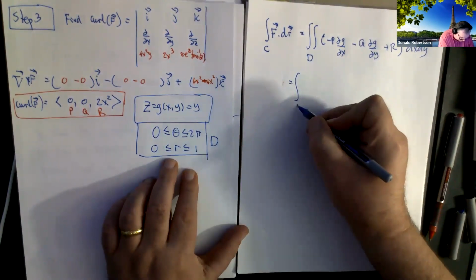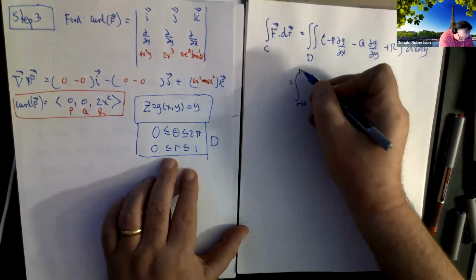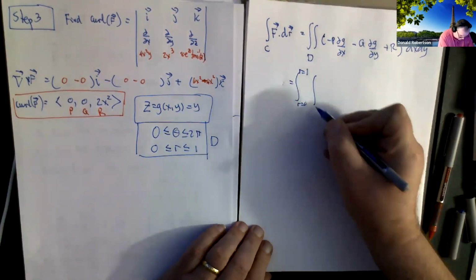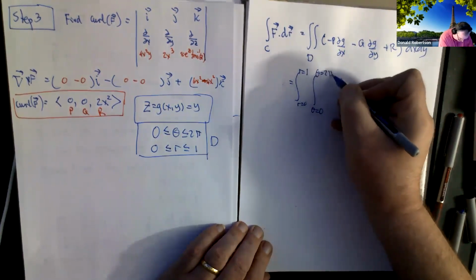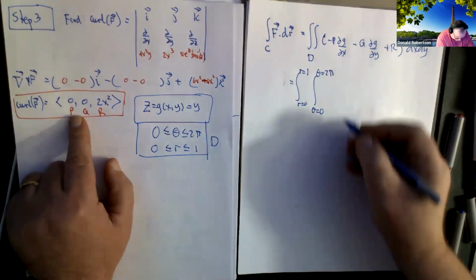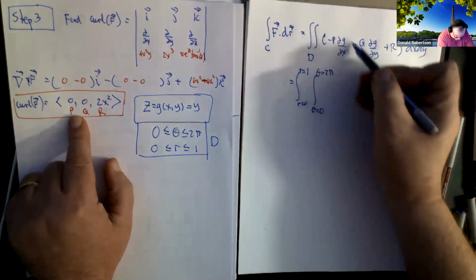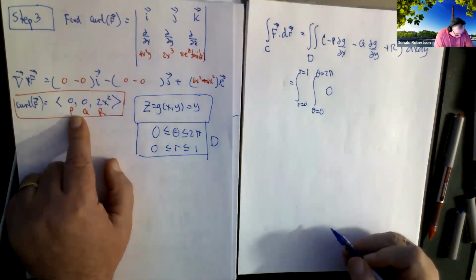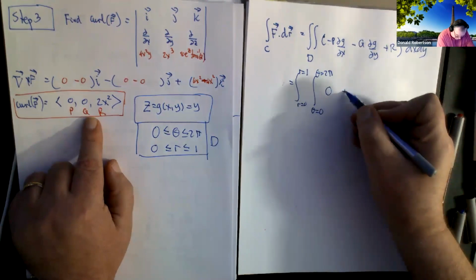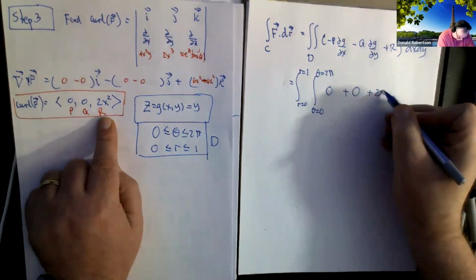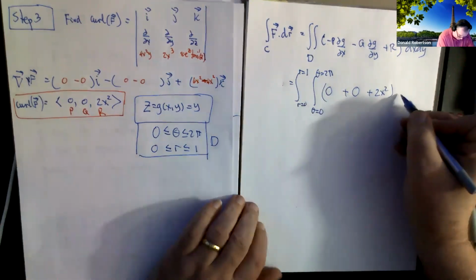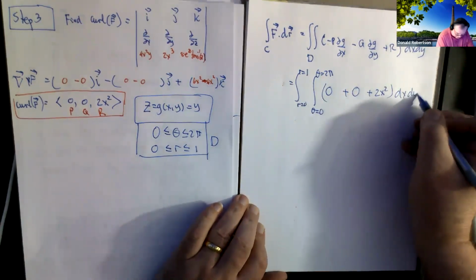This is going to be from r equals 0 to 1, from theta equals 0 to 2 pi. Negative P is nothing, so I don't really care what all of that is. It's just going to end up being 0 anyway. Q, same idea, a whole load of zeros, and R is 2x squared, say dx dy.